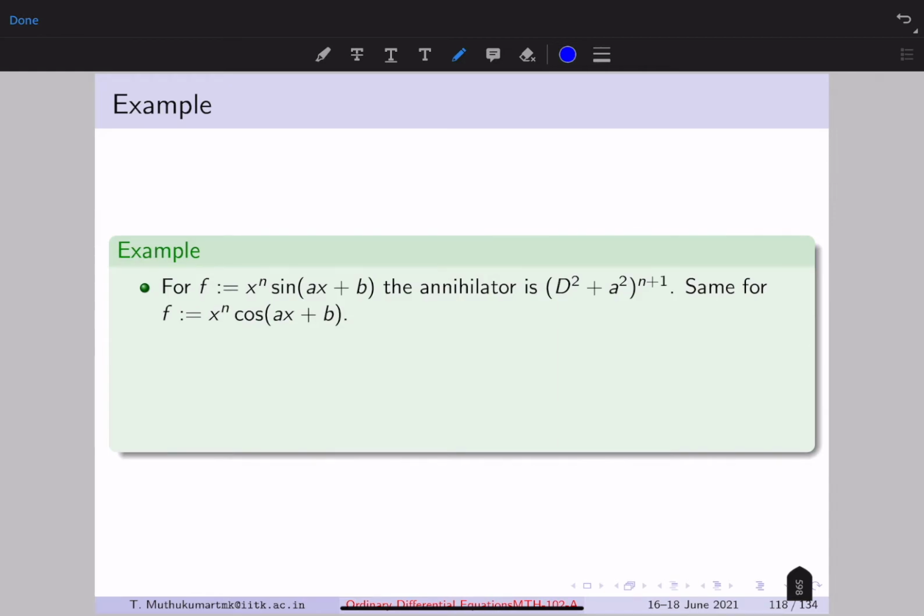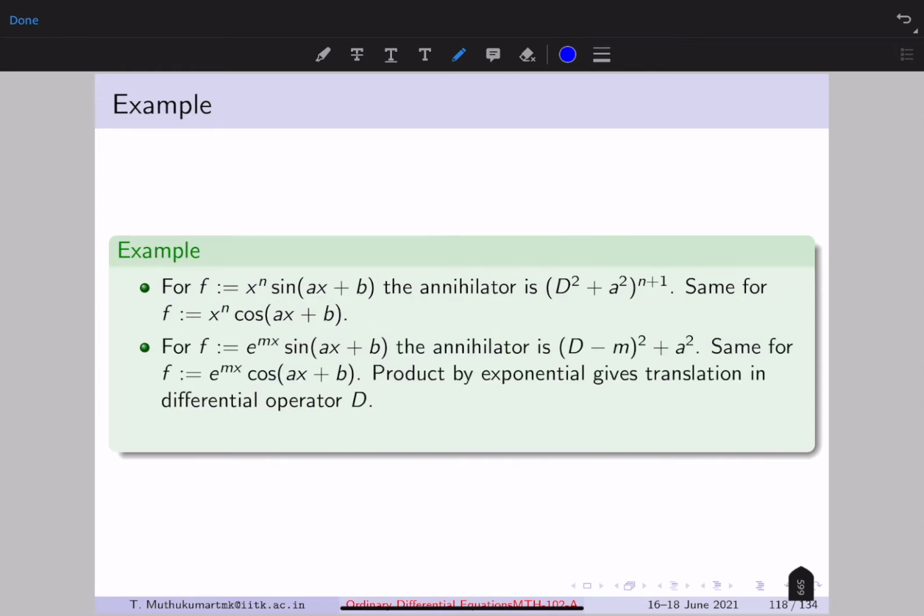For instance, here again it's a product of the trigonometric polynomial and the polynomial. Here you have already seen that for sine it is D^2 plus a^2, and for x^n it is D^(n+1). So this is the annihilator for this. Similarly, the same annihilator works for x^n and cosine. So when you have a pointwise product, you can compose the annihilators.